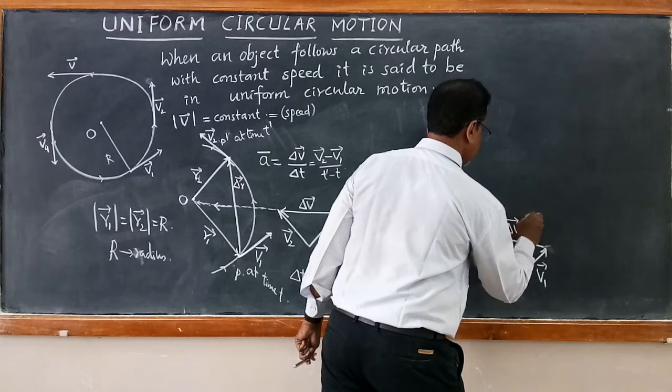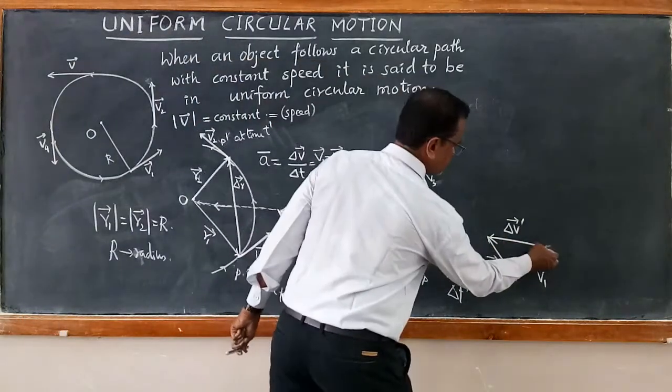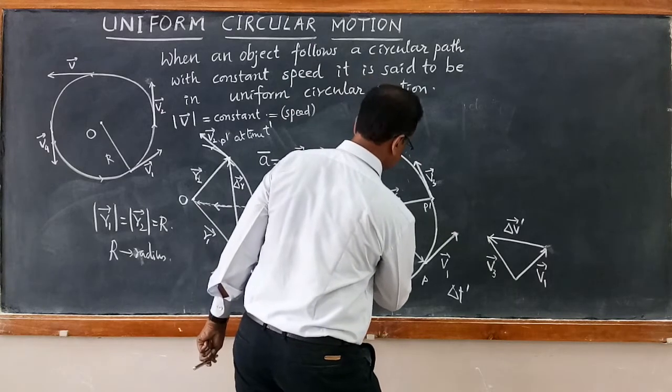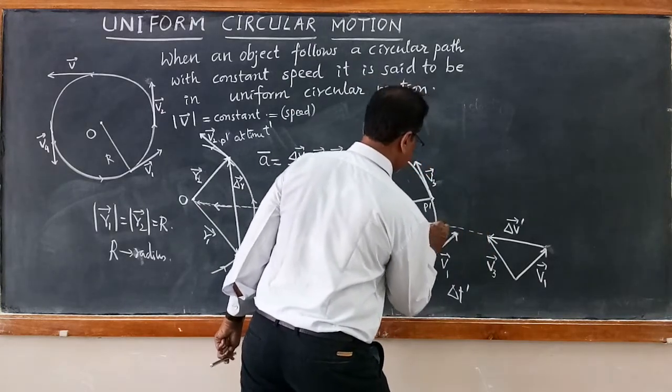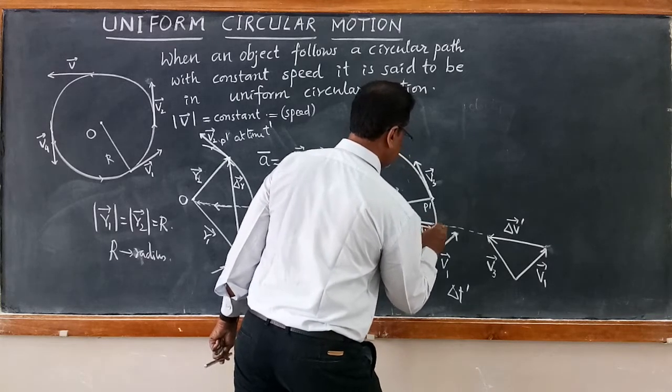Now this delta v I am taking as delta v dash. Now again look at the direction. The direction is again towards the center. So this is again giving us the direction of delta v dash.